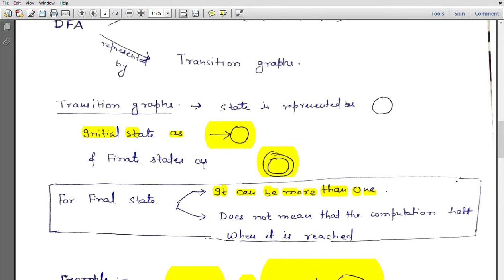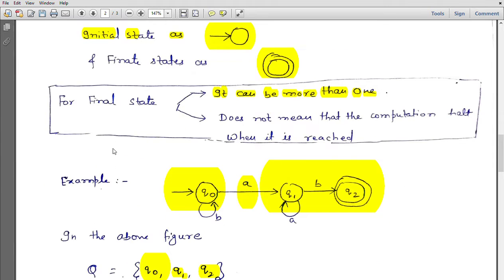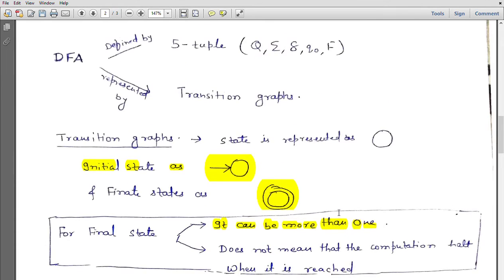And we have also seen that in transition graph, state is represented by simply a circle, and initial state by the left arrow in the circle, and final state by two concentric circles. And also for final state, you have to note in your mind that it can be more than one, and it also does not mean that the computation halts when it is reached. The computation will halt when we have read all the alphabet of the given string. So this is the DFA.